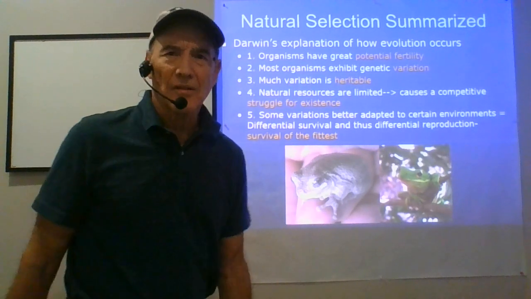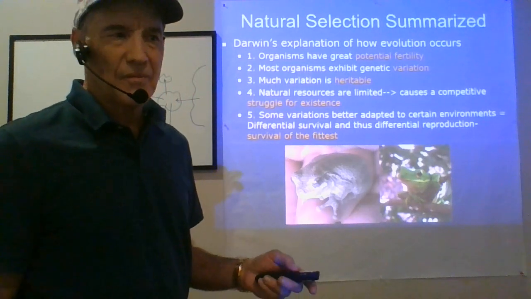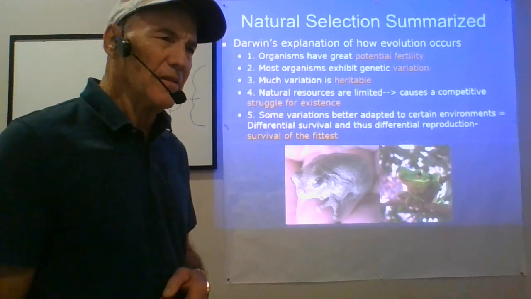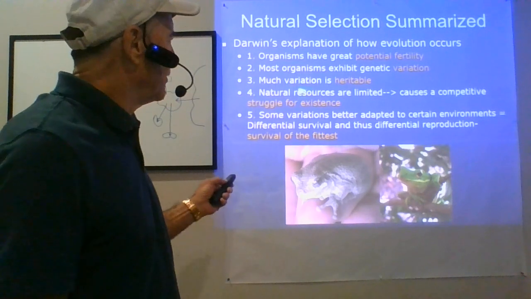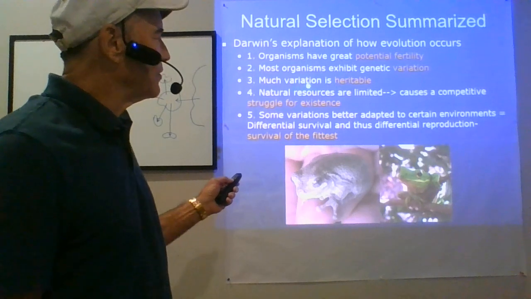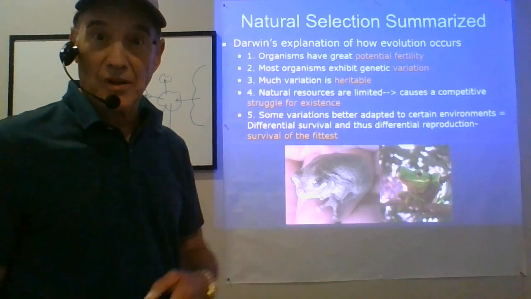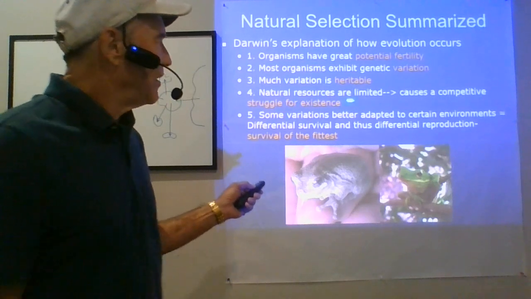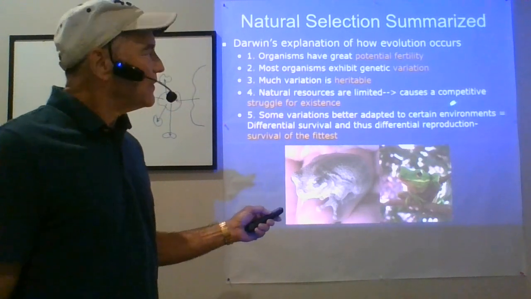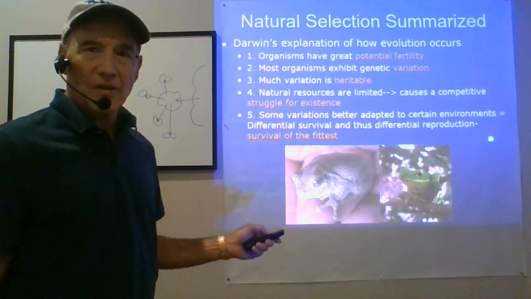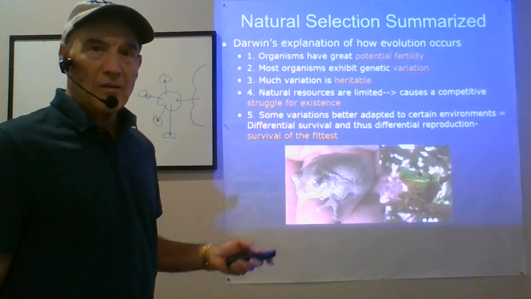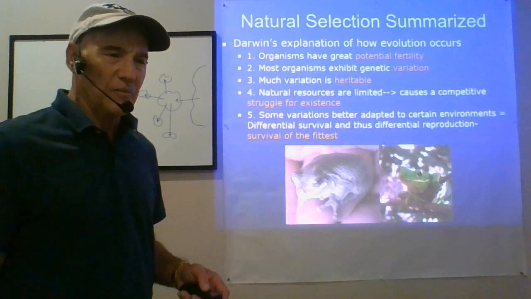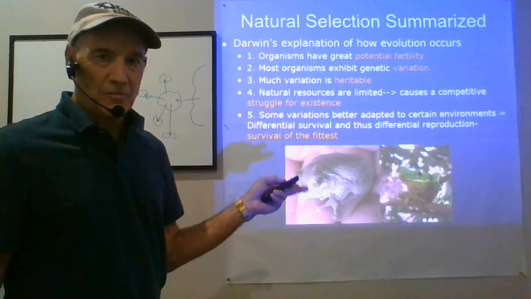He surmised that these genetic variations are heritable. They can be passed on from generation to generation. He noticed that, with this potential fertility, organisms of the same species produce a lot of them.